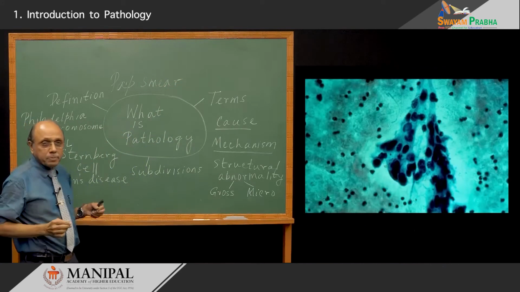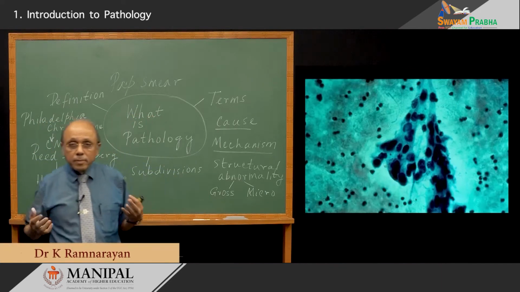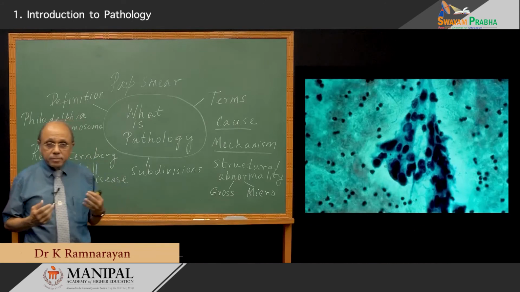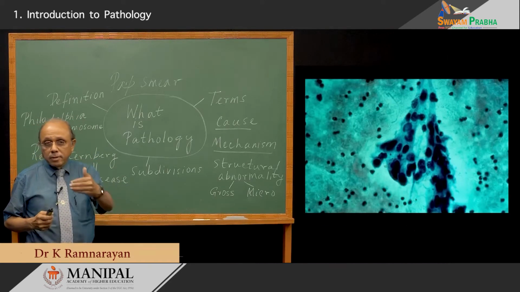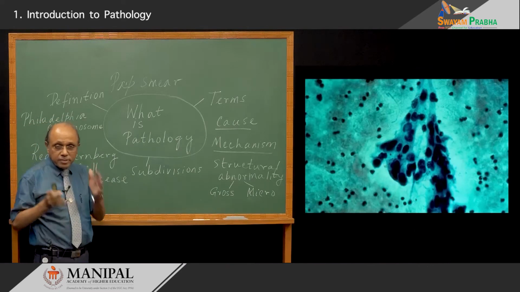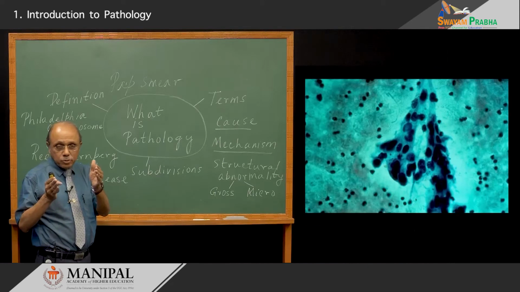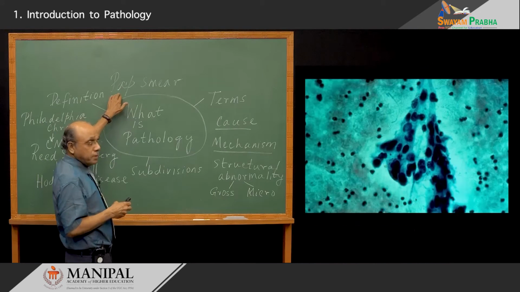Many countries have Pap Smear as a requirement for women. Every 2 years they have to do this, primarily to prevent cancer of the uterine cervix. This shows you a cluster of cancer cells. It is a cytology preparation referred to as Pap Smear.